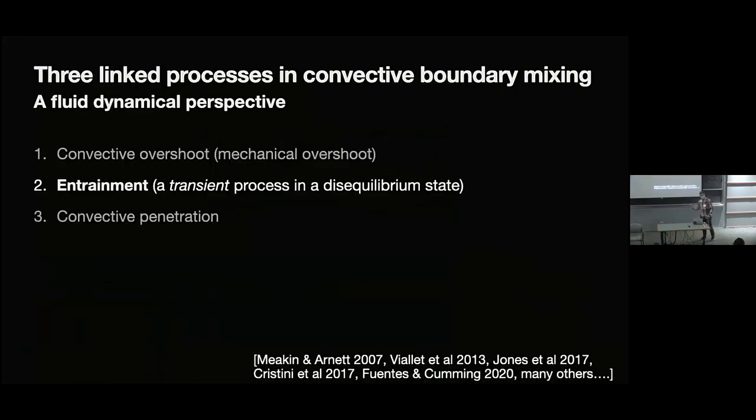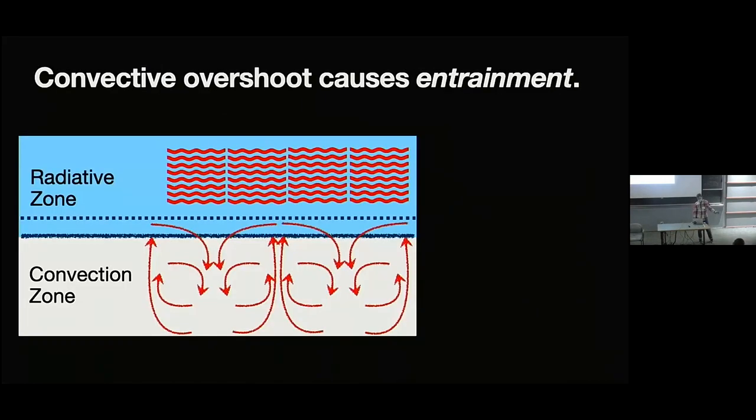Okay, so that's overshoot. Let's talk briefly about entrainment. And when I say briefly, I mean super briefly, because this is not my expertise. This is a transient process. It happens in disequilibrium states, I mostly think. And lots of people have worked on it a lot over many years. So if we have this overshooting motion we just talked about, this overshooting motion can lead to entrainment, right?